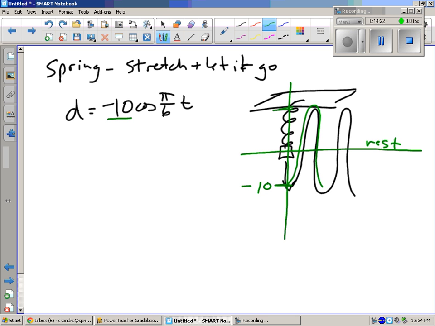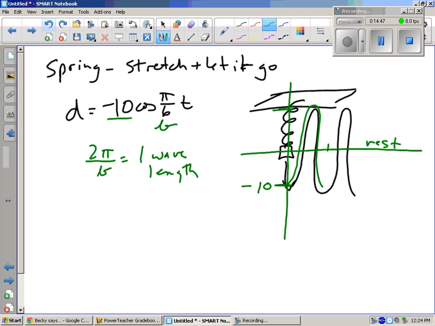The pi over 6 is the period. This is one wavelength. Actually, back up. I'm getting ahead of myself. This is B, and 2 pi over B is one wavelength. Well, our one wavelength stops right here. So we got to figure out how long that is.